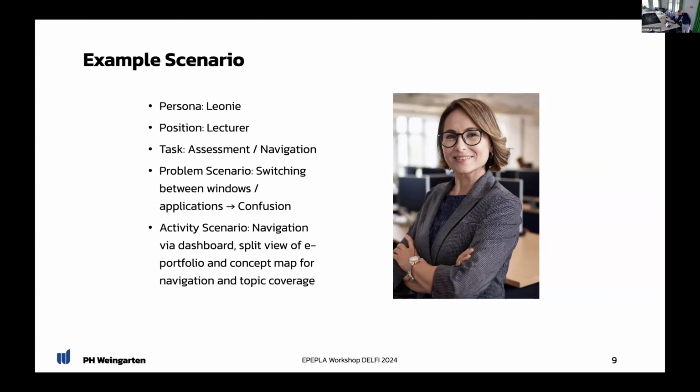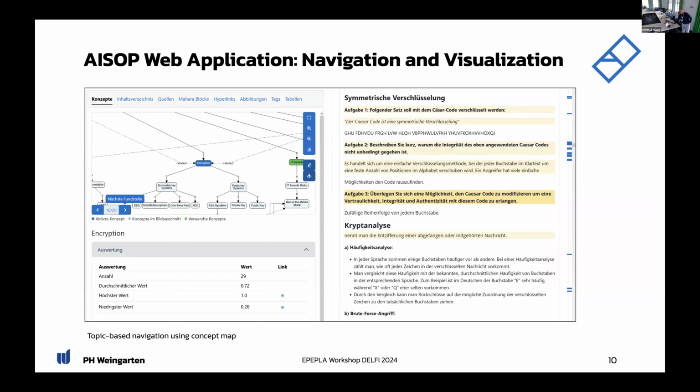So it could look something like this. This is the first prototype. On the left hand, we have the concept map or an excerpt of it. And on the right side, we have the e-portfolio. And when you click on different topics, you jump right to the topic in the e-portfolio.